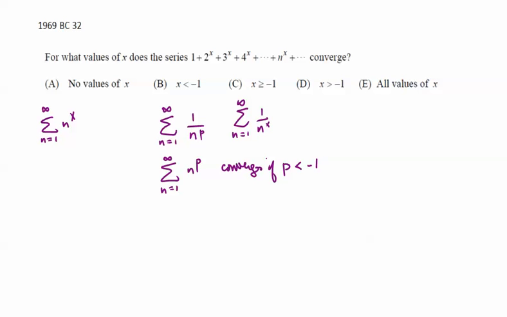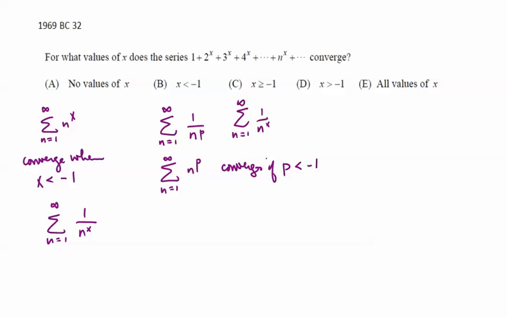So what we're really dealing with here is a p-series, and our x value will converge whenever x is less than negative 1. When x is less than negative 1, you get n equals 1 to infinity of 1 over n to the x, where x is now greater than 1.